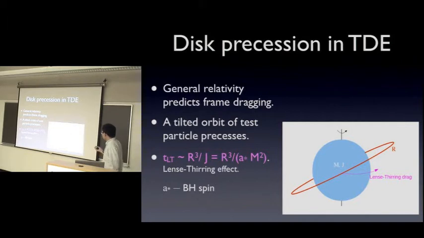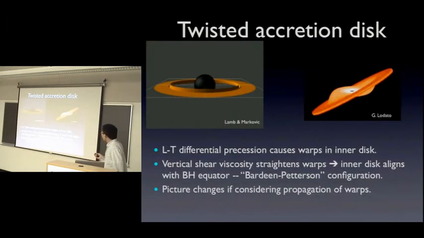If you have a test particle that is misaligned with the black hole spin, then the test particle orbit is going to precess with the predicted period. The period is a strong function of the radius, and of course it also depends on the black hole spin. Because of the strong radial dependence of the precession period, if you have a misaligned disk, then the Lense-Thirring precession will cause warps in the inner region of the disk.